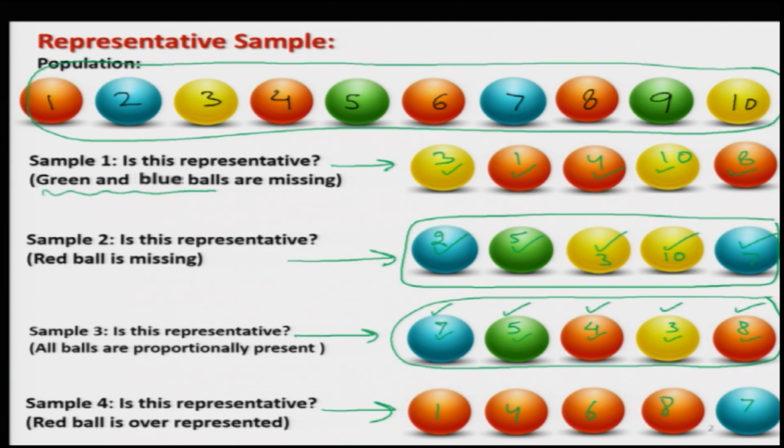Well, legally once again this is also a sample, because all the balls are coming from the population, but the red ball here is over represented, and blue, green and yellow balls are not represented at all. So, by looking at this sample, it gives us an impression as if the population consists only of blue and red balls, and red balls are much more than the blue balls. So, this is about the representative sample.